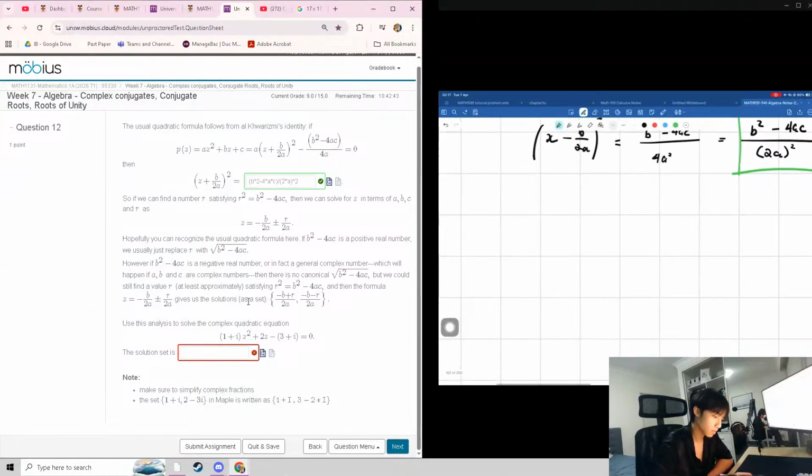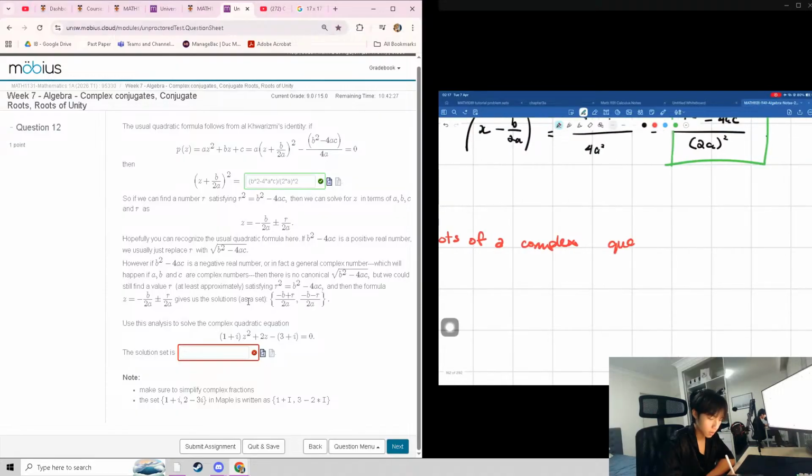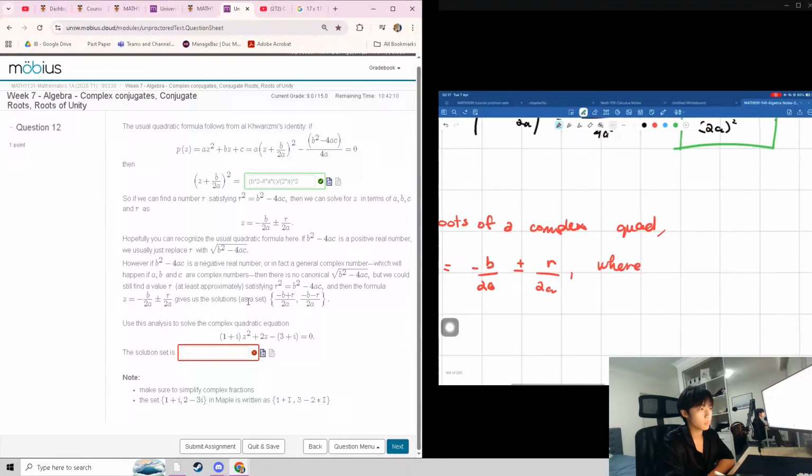Okay. Very handy tool. The roots of a complex quadratic could be defined as z is equal to minus b over 2a plus or minus r over 2a, where r squared is equal to b squared minus 4ac.